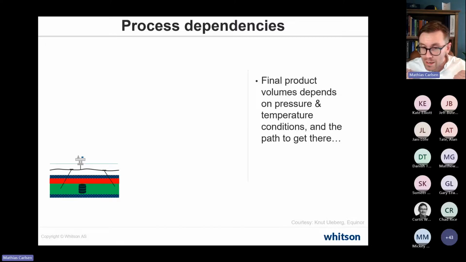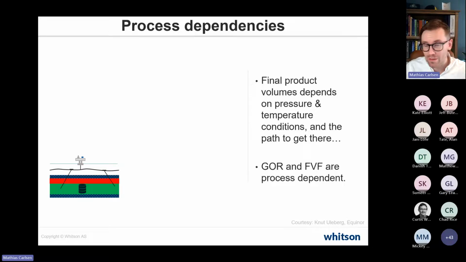So for instance, PVT properties like GOR and formation volume factor, I'm almost 100% sure that a lot of you think about them as reservoir stuff. I think that's what a lot of people think about. Formation volume factor, yeah, that's reservoir barrels, how we convert to reservoir. And typically we relate it to stuff that's happening in the reservoir, but actually the stuff that's happening on the surface can change what those values are.